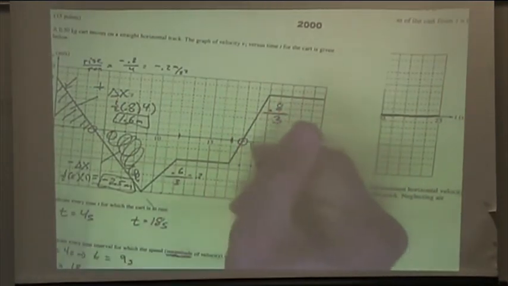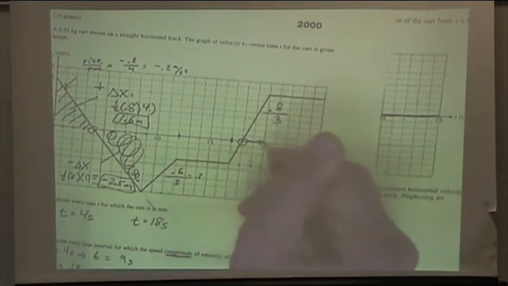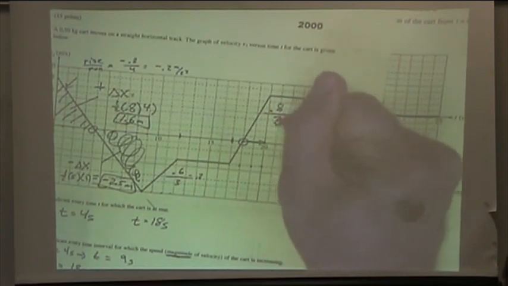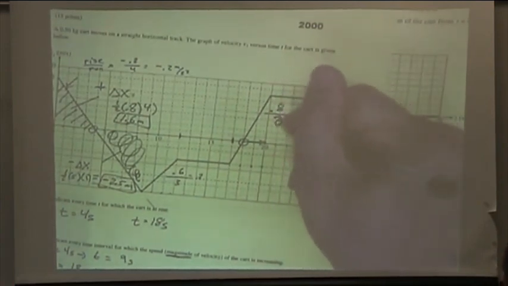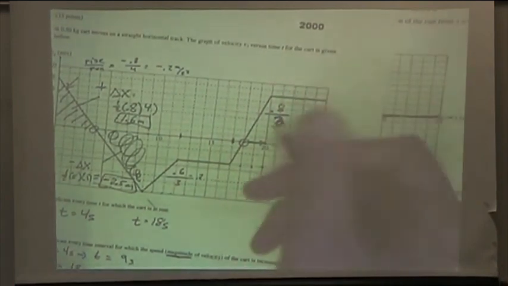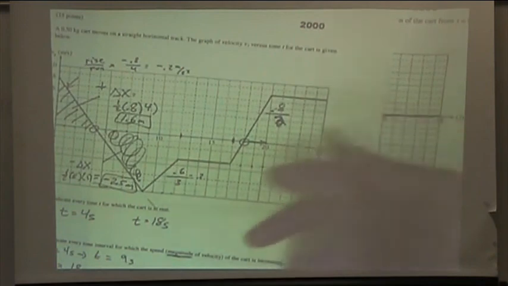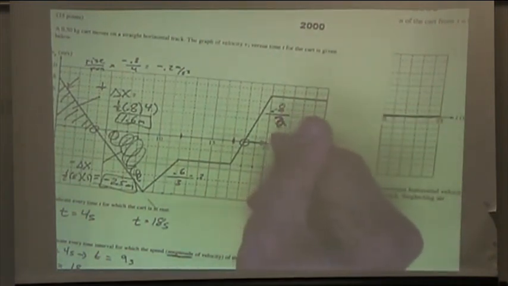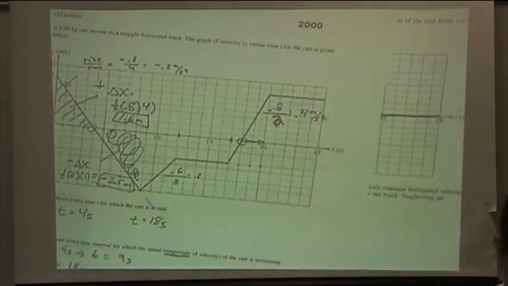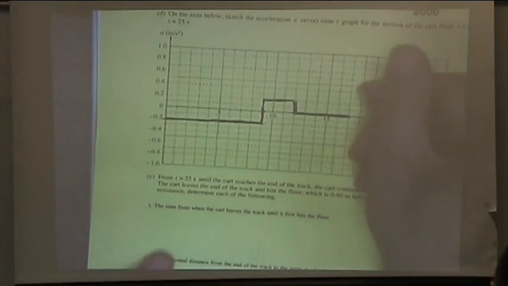This rise of 0.8 happens over 1 to 2 seconds. Our rise is 0.8. Our run is 1, 2 seconds. So that's an acceleration of 0.4 meters per second squared. And so our final section of the graph is going to be up here at 0.4.